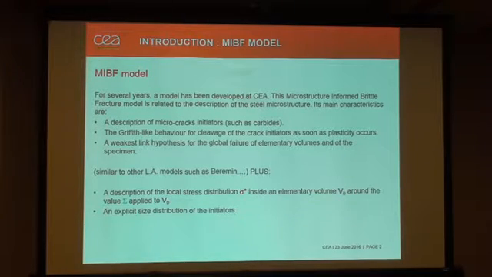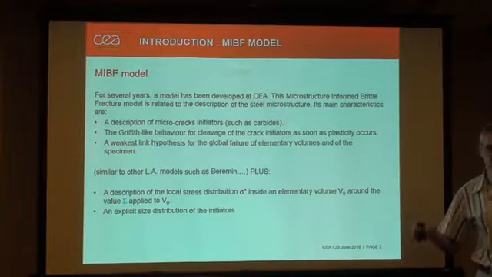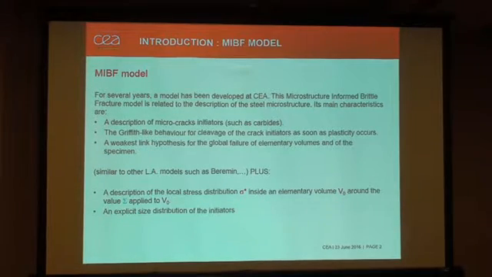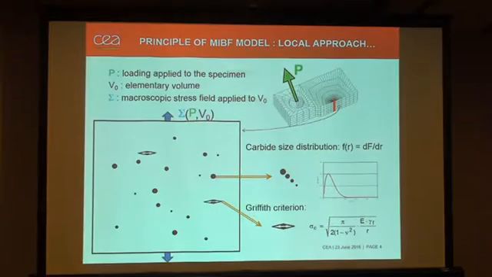So that's similar to other local approach models like Beremin, etc. But we have also a description of a local stress distribution sigma star inside an elementary volume due to the microstructure of the material. I will explain this here.